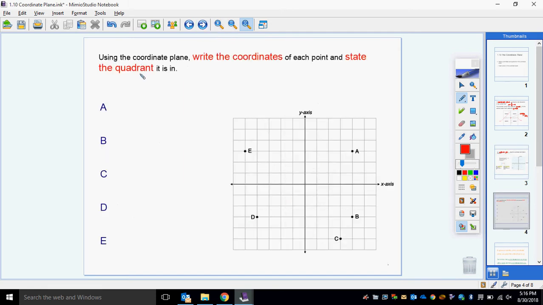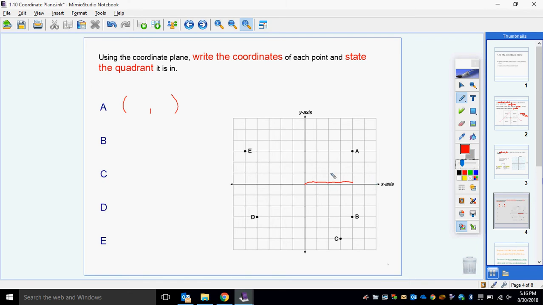So let's use this coordinate plane to write the coordinates of each point and state what quadrant it's in. So point A, I need to figure out its coordinates. Now remember, I want a number, comma, another number in parentheses. The x-coordinate says how far right or left is it. So A is over here, 1, 2, 3, 4.